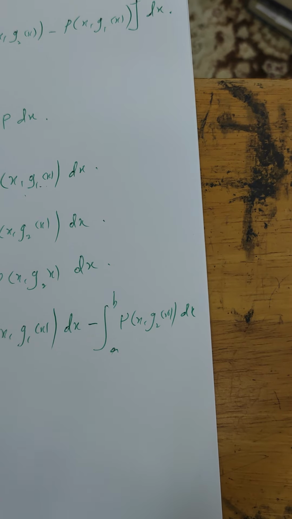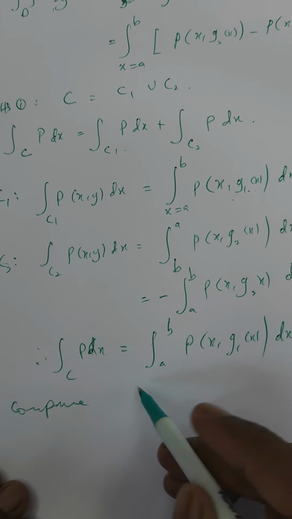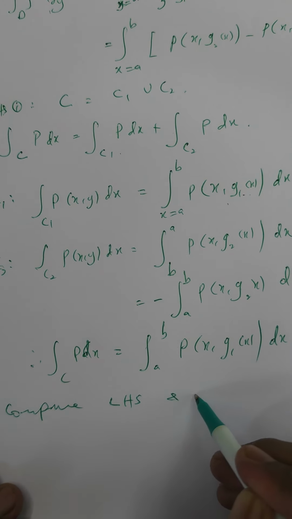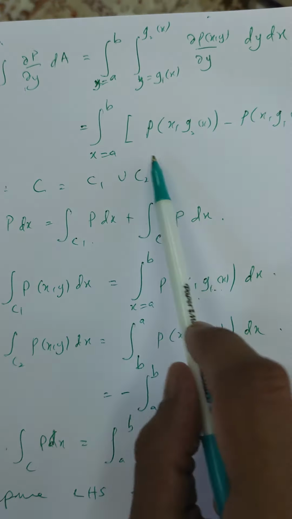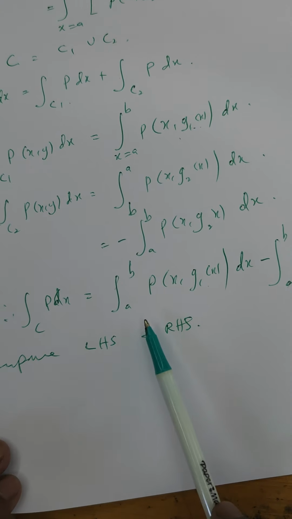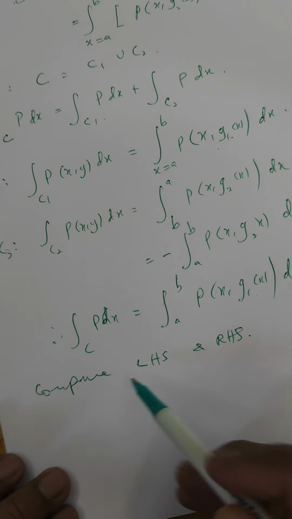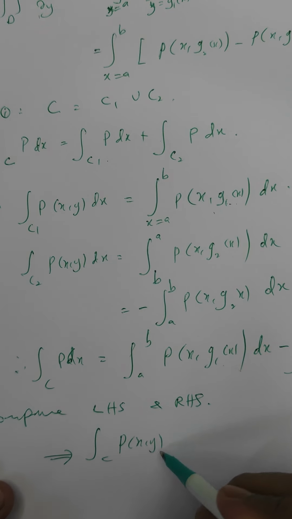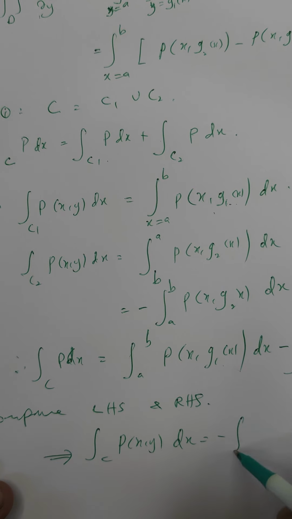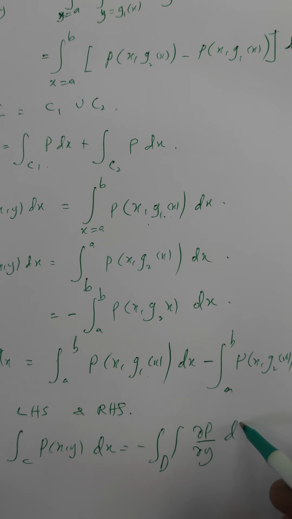If you compare the left hand side and the right hand side, you can see they are just the same. So we have that the integral over C of P dx is the same as the negative of the double integral over D of ∂P/∂y dA.